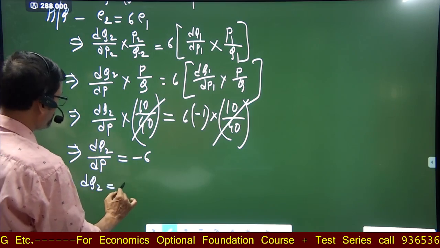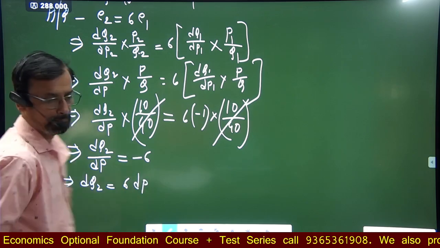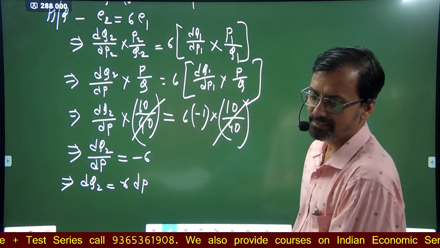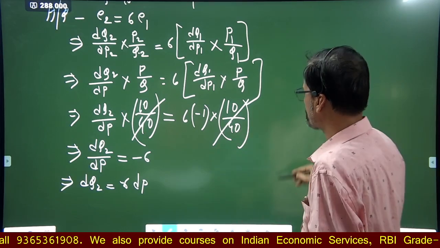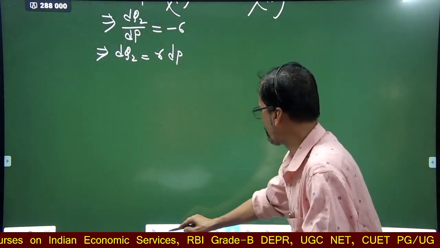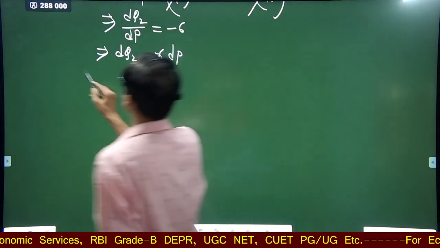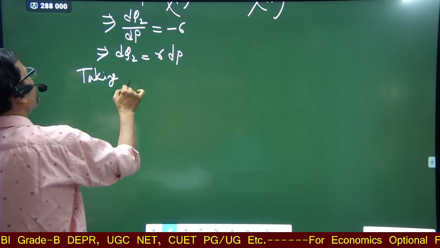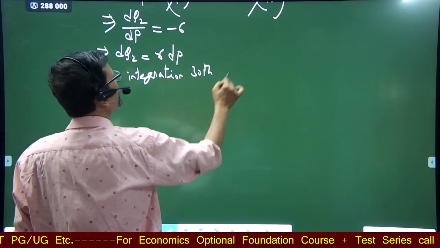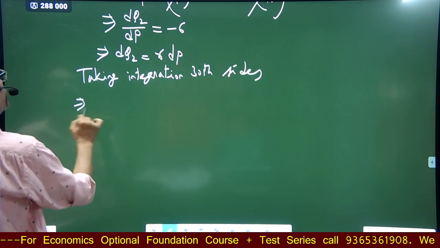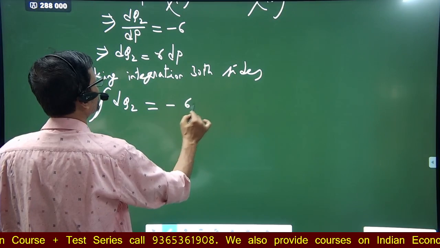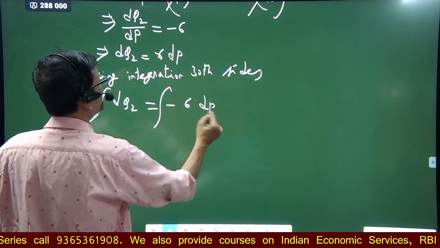So dQ2 equals minus 6 dP. Taking integration on both sides, the integral of dQ2 equals minus 6 times the integral of dP.